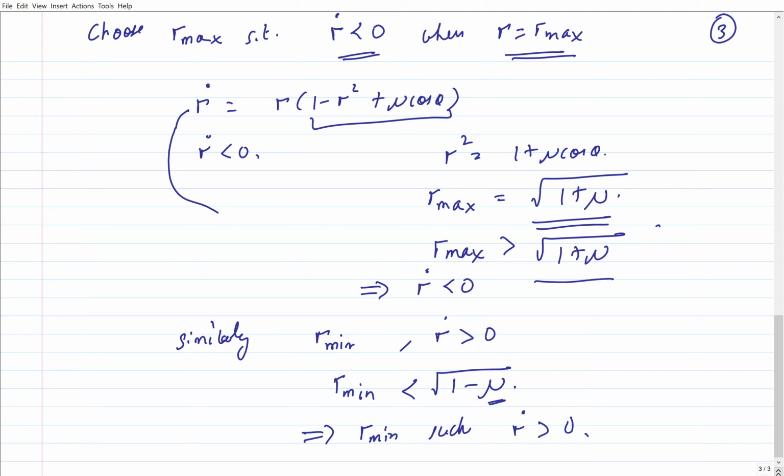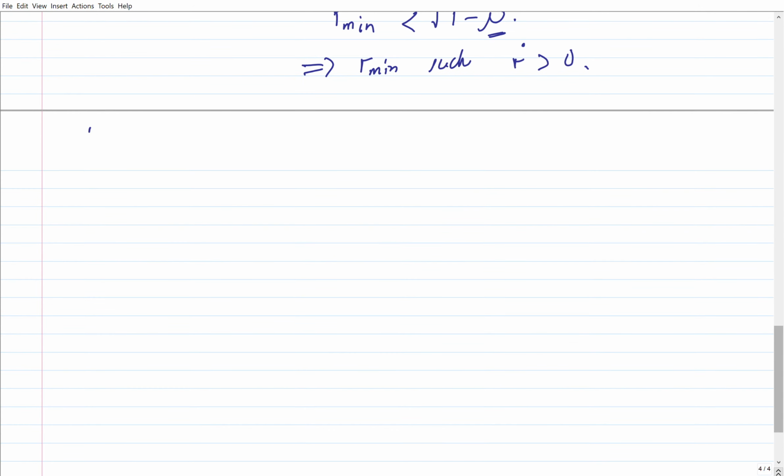So this would ensure that indeed I have a trapping region.